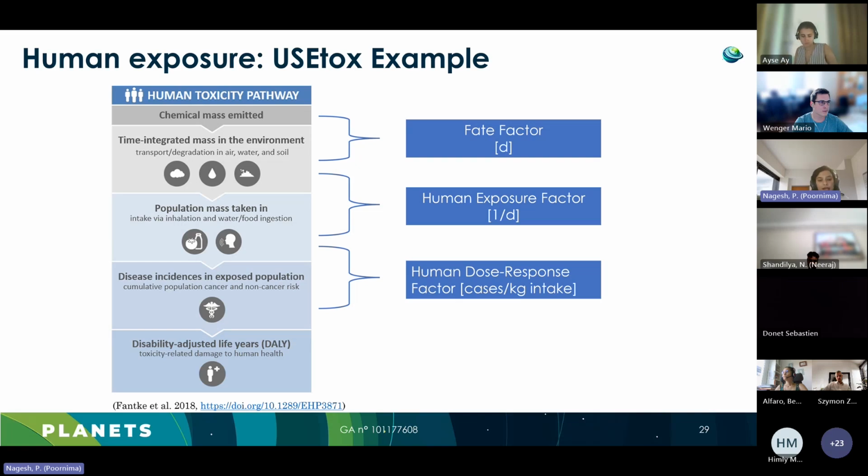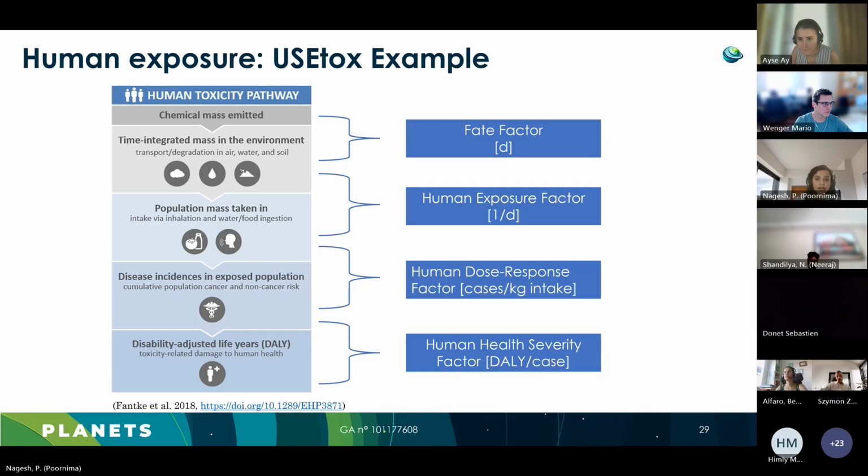But after this, for the case of humans, we can also look at disease incidence in the exposed population. That means, based on the dose response factor, how much of the population is at risk for cancer or non-cancer related diseases. And based on that, we can also estimate the human health severity factor, that actually means toxicity related damage to actual human health.